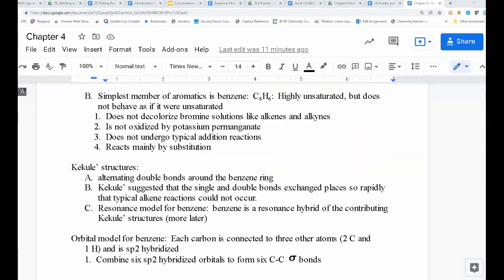Let's see if I can find a place to draw this out for you. If I were going to show you what Kekulé was representing, he basically said, okay, here is a benzene molecule, surrounded, of course, by hydrogens on all sides like this. This is going to be ugly because I'm drawing this with my finger, so I apologize now. He said this structure actually exists as these two structures simultaneously.